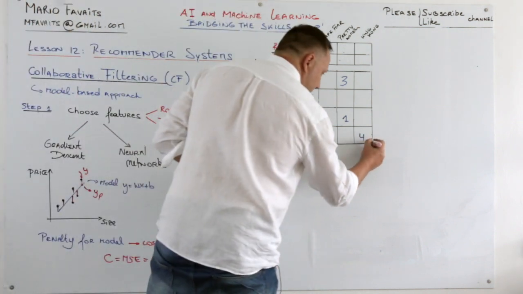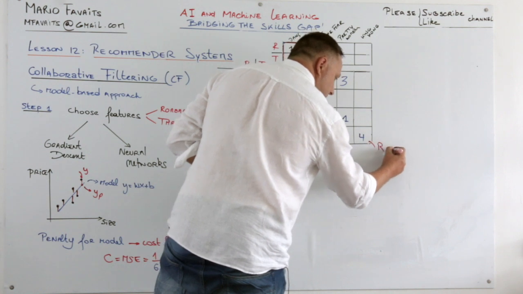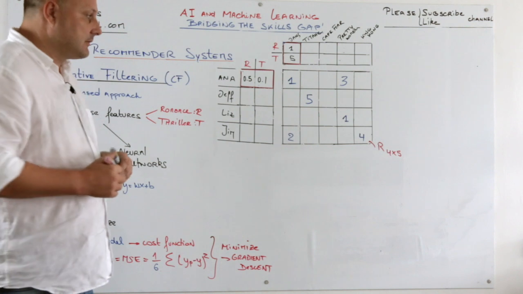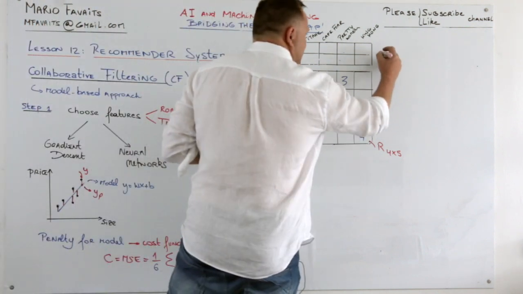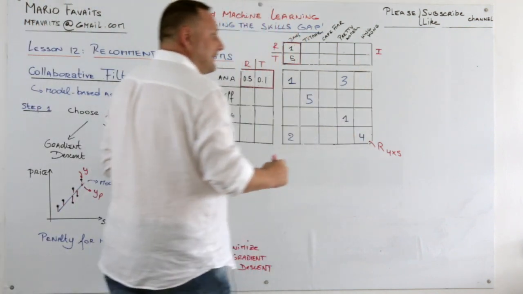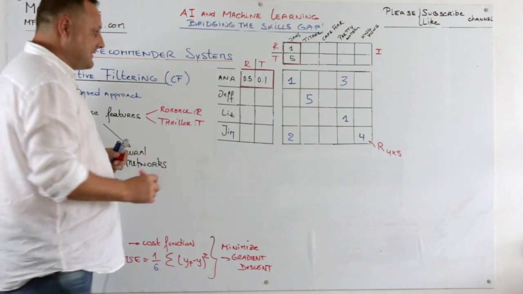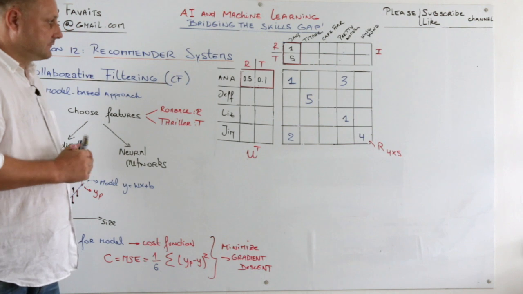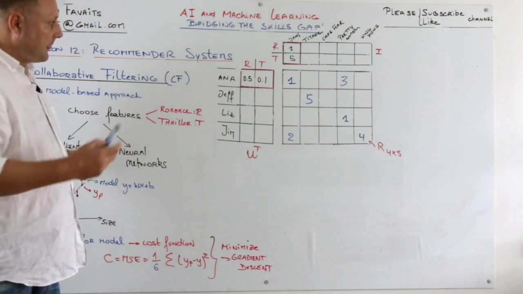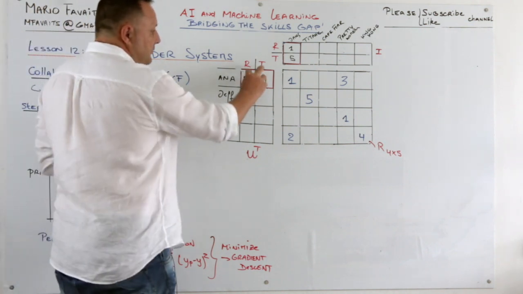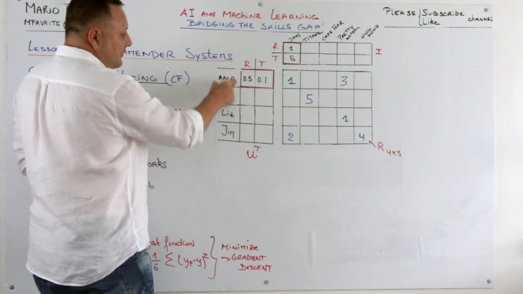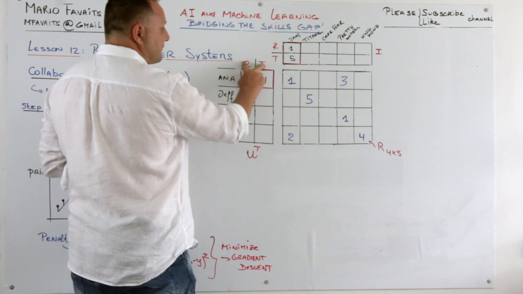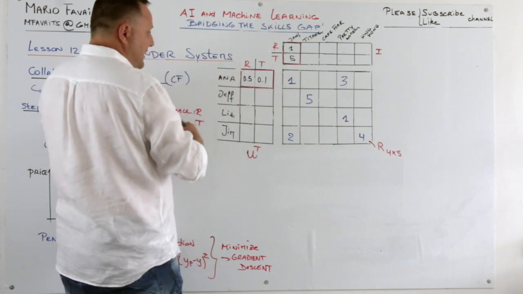So we have here a rating matrix, which is a 4 by 5 matrix, 4 rows, 5 columns. And this here is the item matrix, and this we call the user matrix, U transpose. You see here, we will try to score the users on these 2 parameters or features, and the same for the movies.